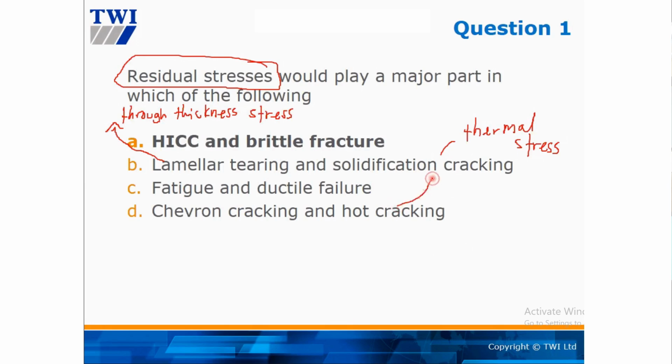Hot cracking is another name for solidification cracking. Chevron cracking is another name for hydrogen cracking. Residual stress is not a factor for fatigue, and also not a factor for ductile fracture. So the best answer goes to hydrogen cracking and also brittle fracture. One of the factors is residual stress. Agree with that?